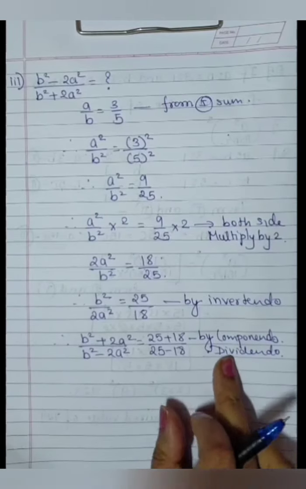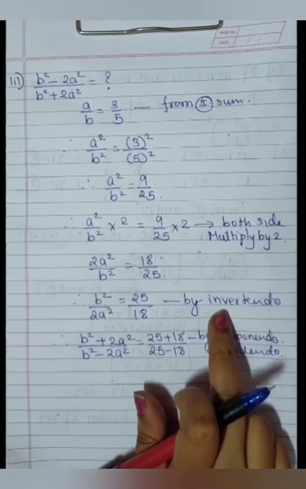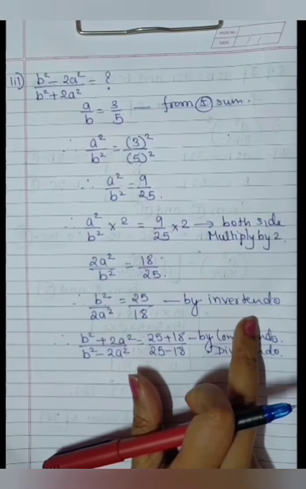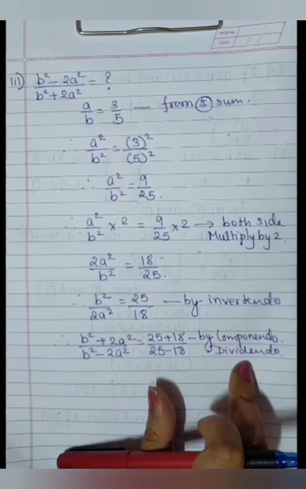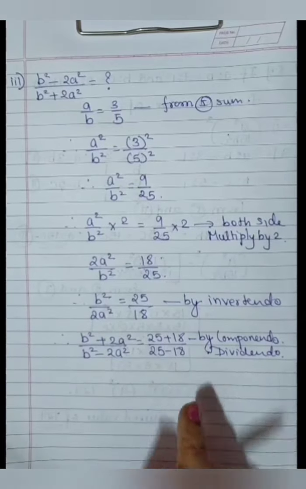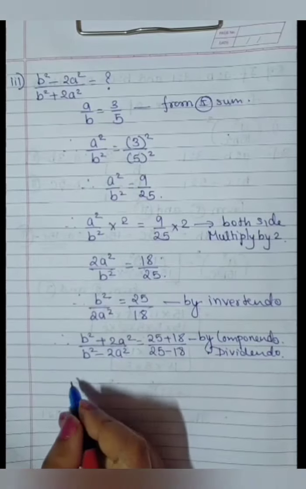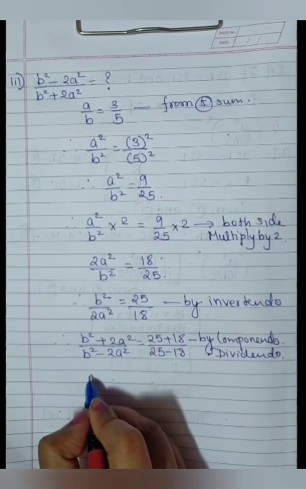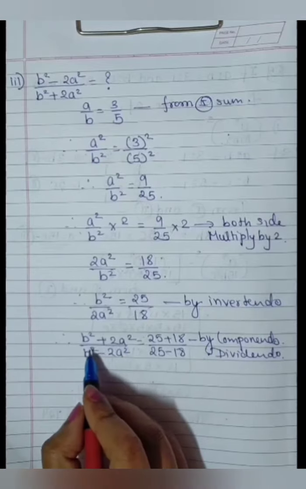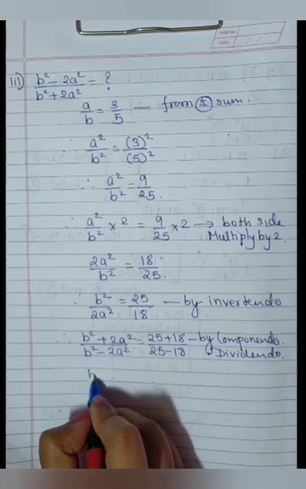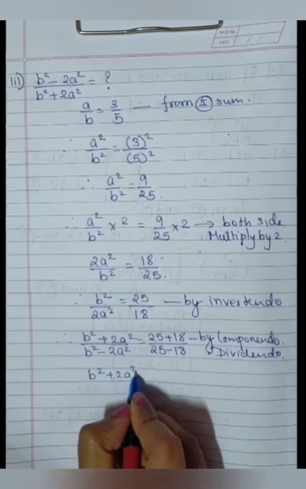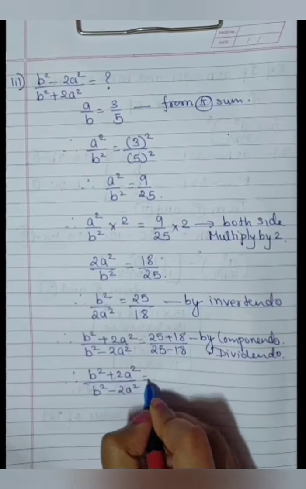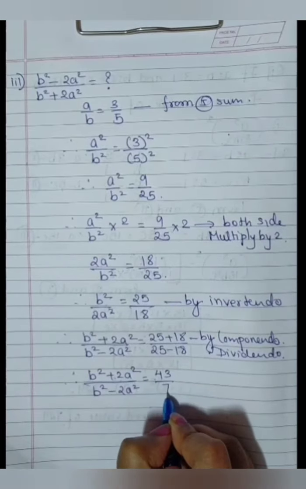Okay, remember all this, componendo, invertendo, it is given on page number 66. You will see the equation. Remember that equation, it will be easy to solve the sum. So next step is what? Same as it is, this will come b² plus 2a². Therefore (b² + 2a²) upon (b² - 2a²) will get 43 upon 7.